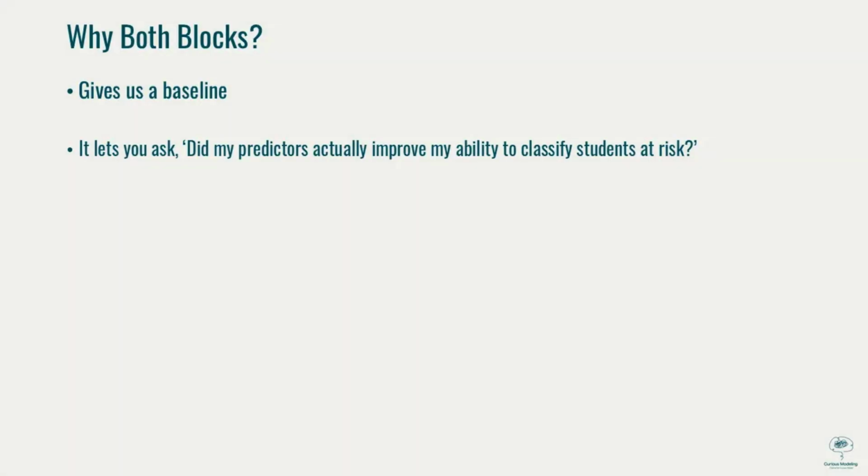So why do we need both blocks? Well, here's why. It's going to give you a baseline to compare against. It lets you ask, did my predictors actually improve my ability to classify students at risk? And that's what the model chi-square test in block one is actually going to tell you, which is what we see right here: whether your predictor model is a statistically significant improvement over the baseline in block zero.